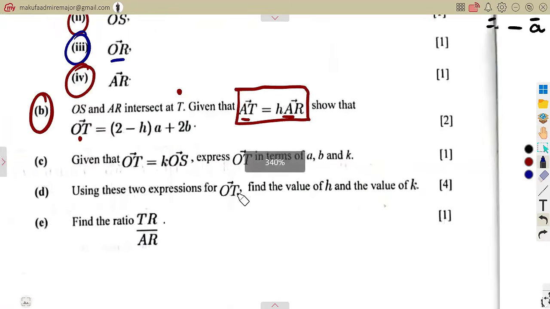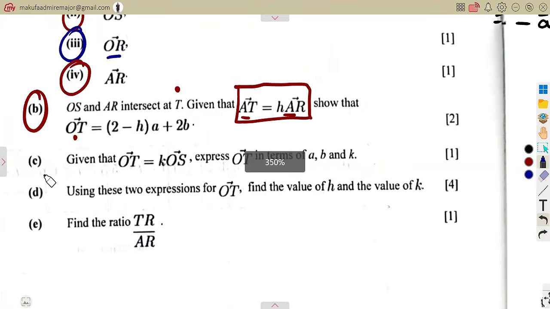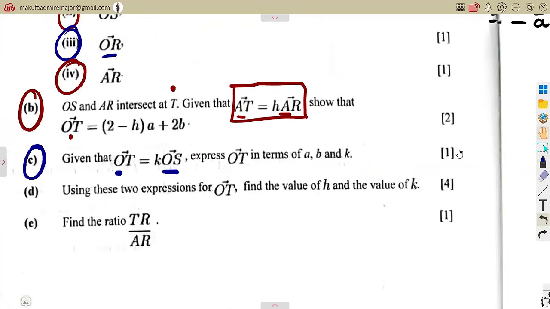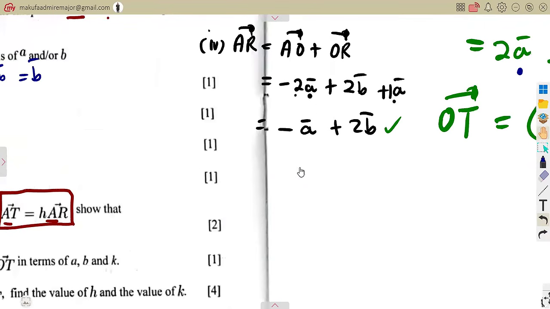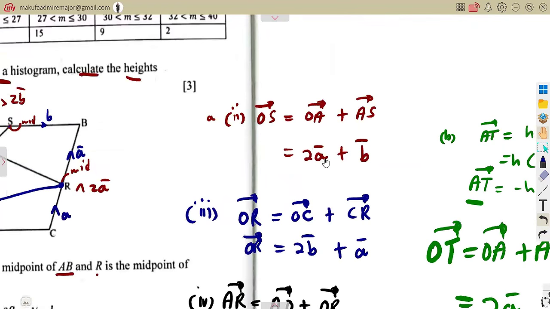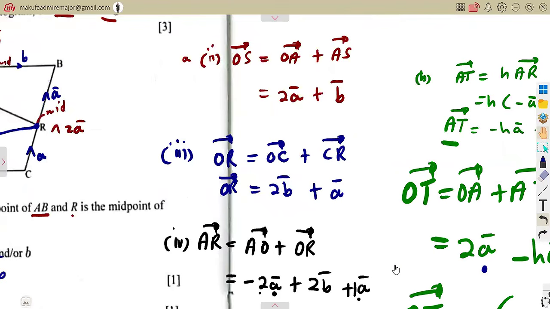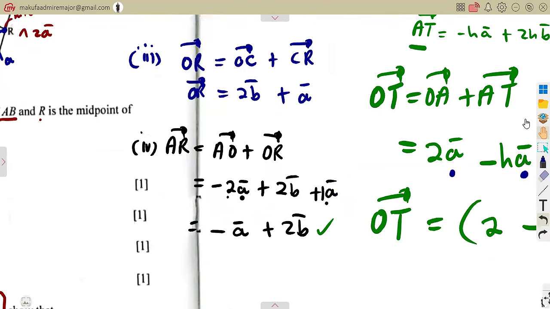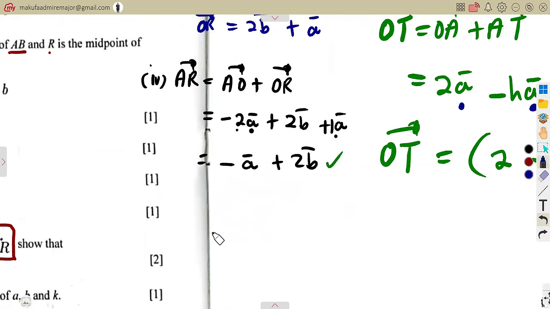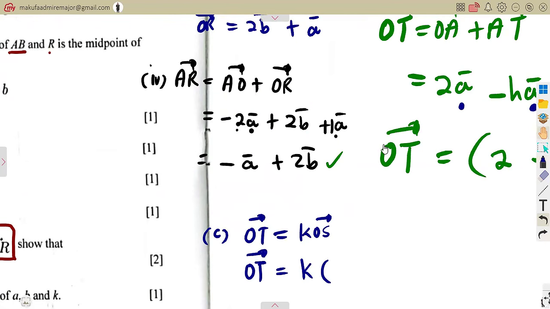From this part, C, given that OT is KOS, express OT in terms of this. We're already given this OS. We calculated OS before. We have this OS is 2A plus B. And we are given that OT on item C is equal to KOS. So it's just substituting. OT is going to be K times the vector OS.